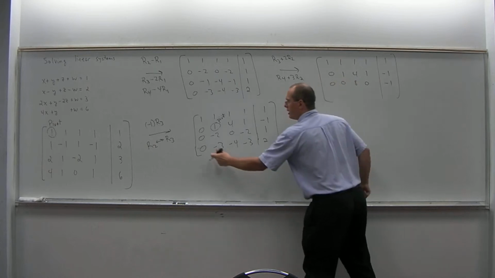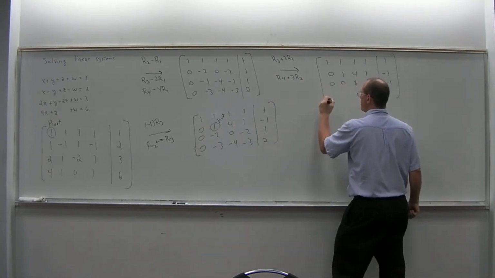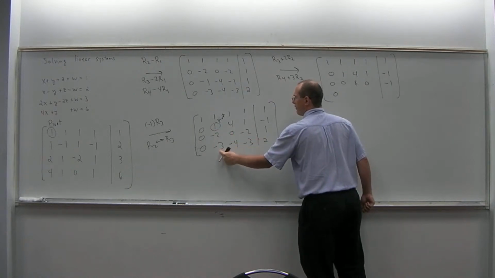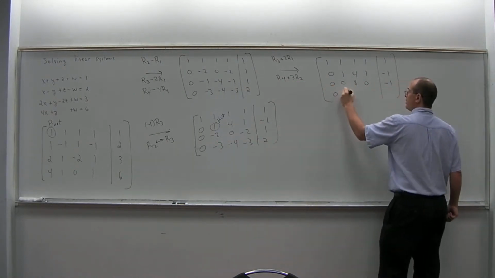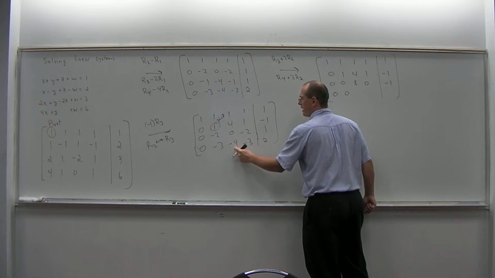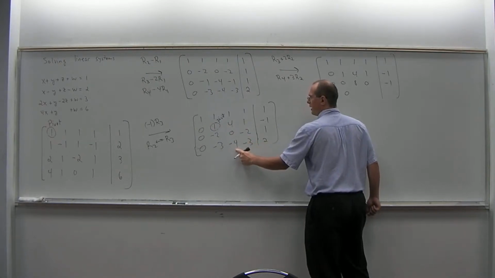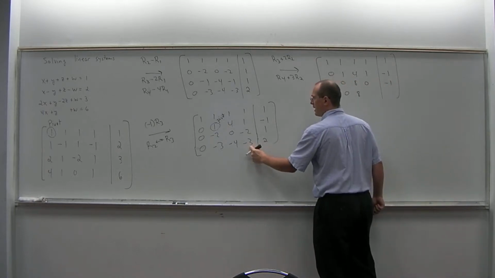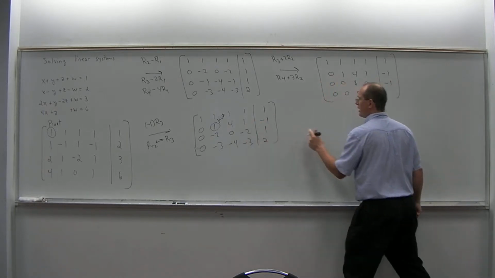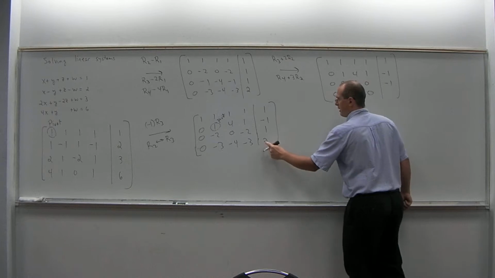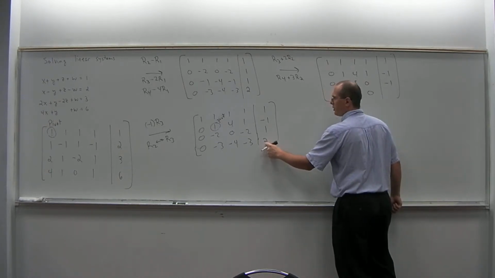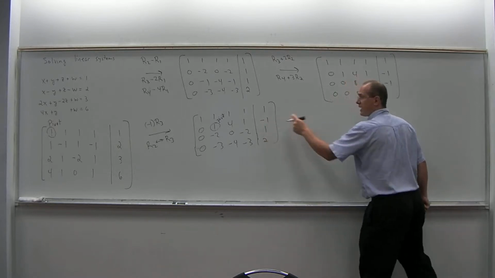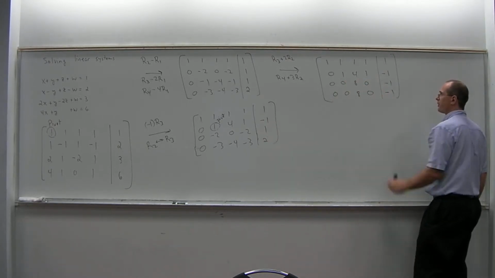And in row 4: 0 plus 3 zeros is 0. -3 plus 3 times 1, -3 plus 3 is 0. Then -4 plus 3 fours, -4 plus 12 is 8. Then -3 plus 3 ones, -3 plus 3 is 0. And finally, 2 plus 3 times -1. So 2 plus -3, 2 minus 3 is -1.